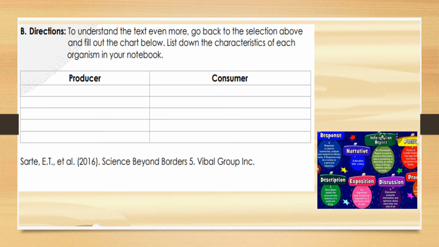Then, for letter B, directions. To understand the text even more, go back to the selection above or in the previous slide and fill out the chart below. List down the characteristics of each organism in your notebook.